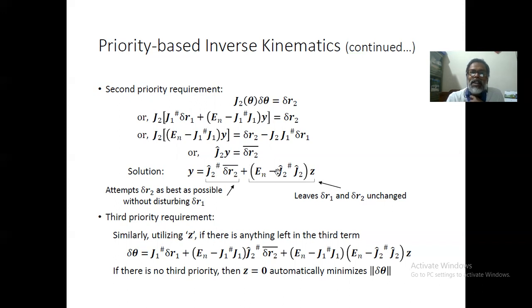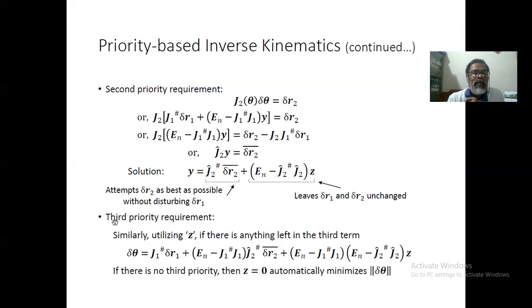And since we already know that any Y in the original, which we have used here, would not hamper the delta R1 task, this is the component which will leave delta R1 and delta R2 completely unchanged. Now, it may happen that not much degree of freedom is left anymore.